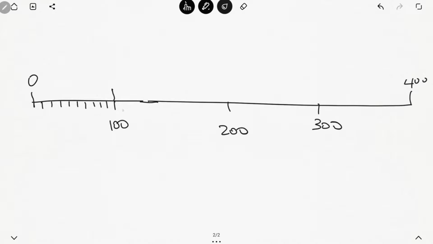So if from 0 to 100 we have 10 lines including 100, then each one represents 10. That's what we want each mark to represent. Again, the lines are not equal because, like I've said multiple times before, I'm really bad at drawing.